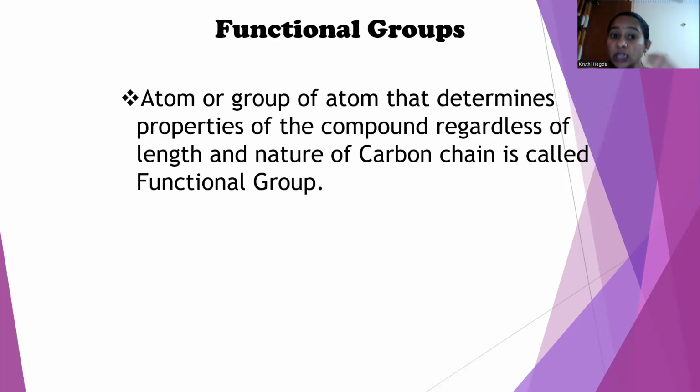Though the carbon chain is of different length, whether 3 carbon atoms or 10, whatever it is, the particular atom or group of atoms that has attached to the carbon in the place of hydrogen, which we call the functional group, determines the properties of the entire compound, whether the compound has 3 carbon atoms or 10, it doesn't matter.